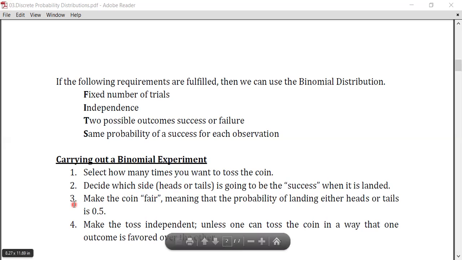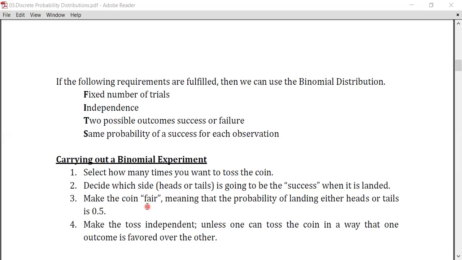Then the third one is to make the coin fair. It means that the probability of landing either heads or tails is 0.5. If it is a balanced coin, then you will have an equal chance of getting heads or tails. Therefore, you must make the coin a fair coin. It is because according to the trial number, the probability should not vary.